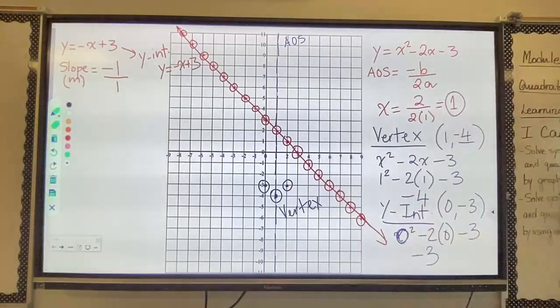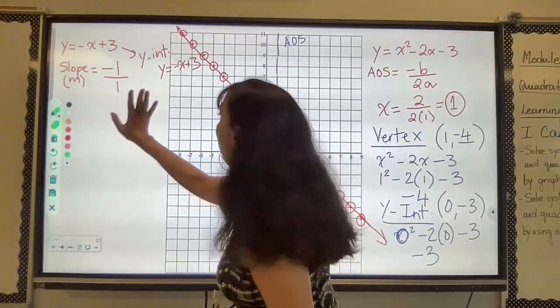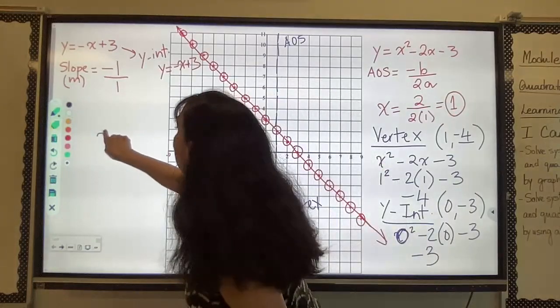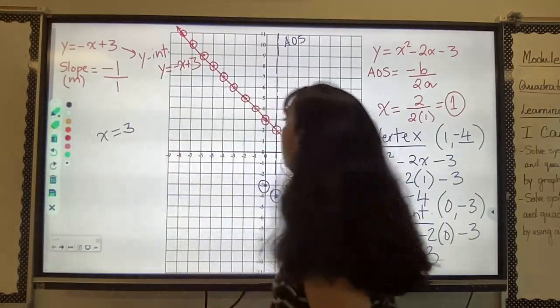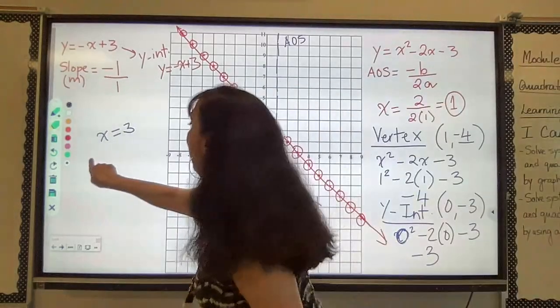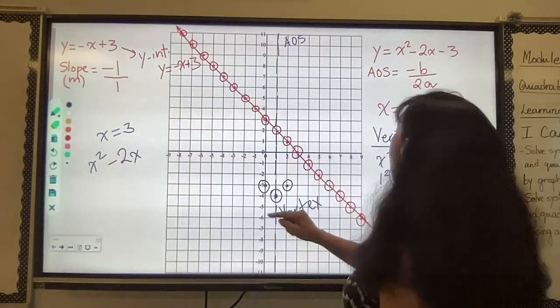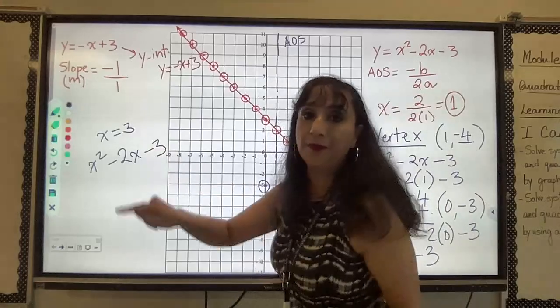All right, now the next thing we are going to do is find another point. Since 2 is already gone, let's take 3. If x is equal to 3, let's see what y is. We are looking at x squared minus 2x minus 3.